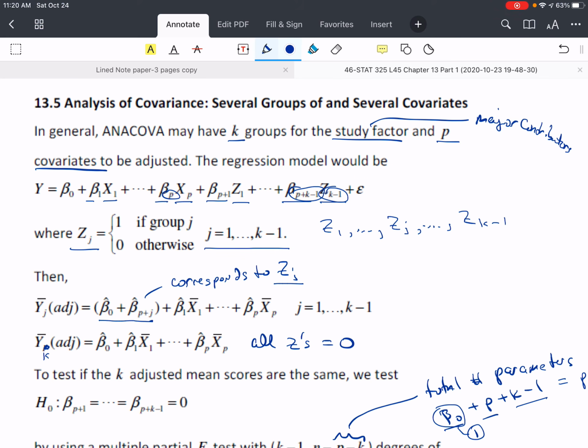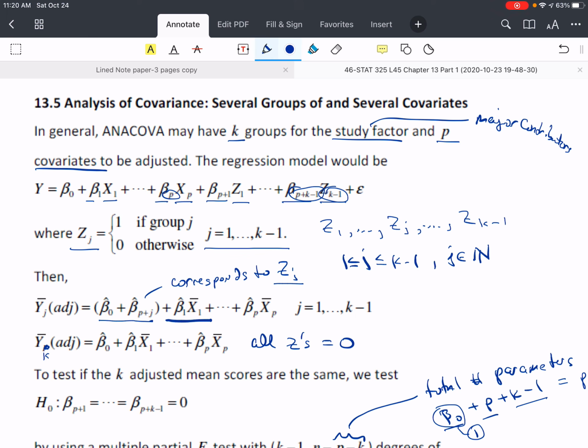It could be z1, it could be z k minus 1, but it's just some j between 1 and k minus 1, where j is a positive integer.